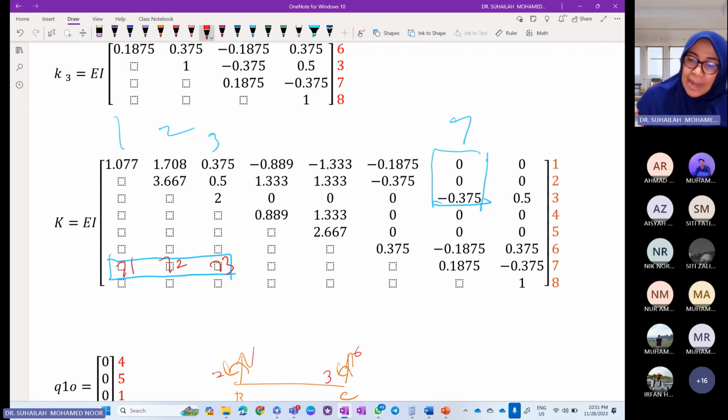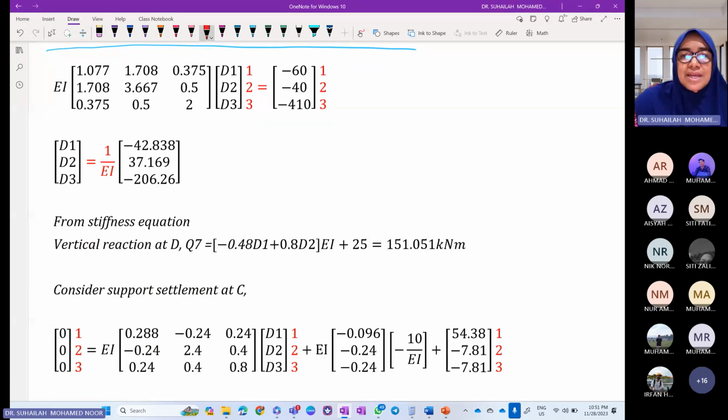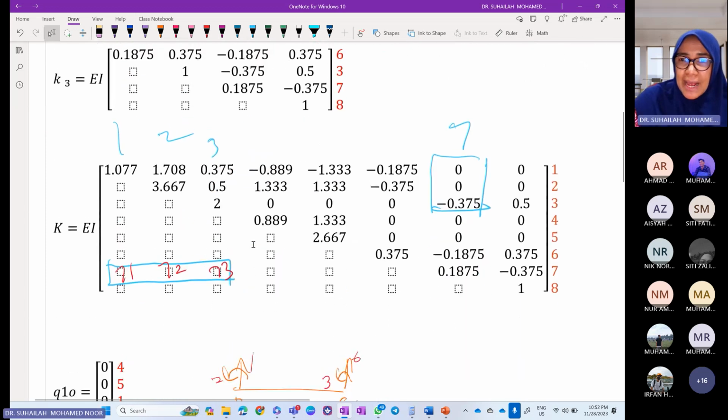So 7,3 ni kali dengan D3. So that is matrix multiplication. Q is equal to KD tu. So dekat sini, it is D3 only. Yang lain ni semua tak masuk. D1 kosong, D2 kosong. It is 7,3. Value dia 7,3.